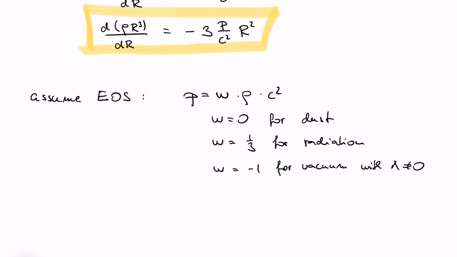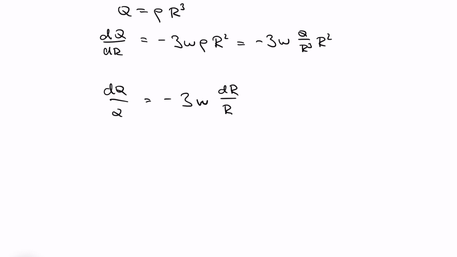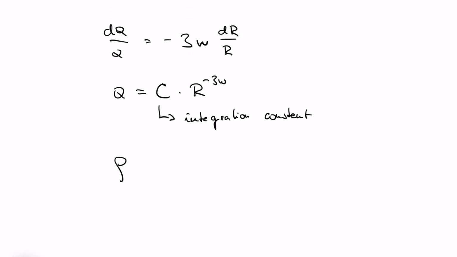To make the differential equation separable, we substitute rho r cubed by a new variable q, and this is then the equation to be solved. So the solution is then this, and if we come back to the density, we arrive at this scaling.